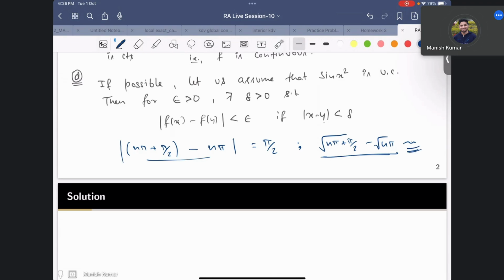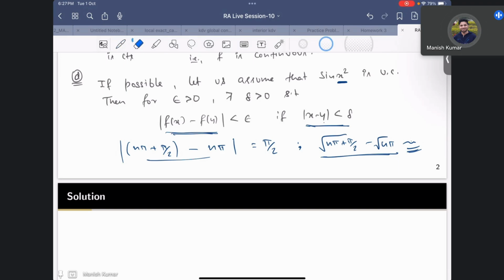But their functional value, just because of the square, one will take the value 0 and the other will take the value 1, correct? So this functional value will always be equal to 1, while these points will be very close for large n. Okay, so this is how the argument goes.